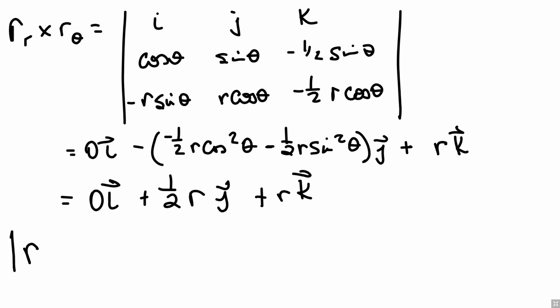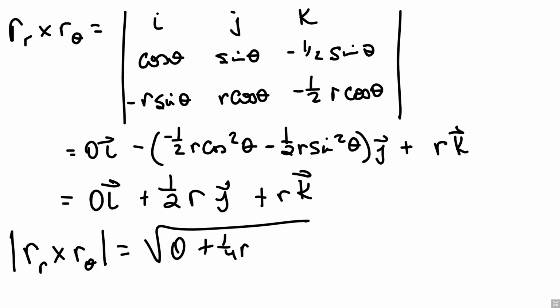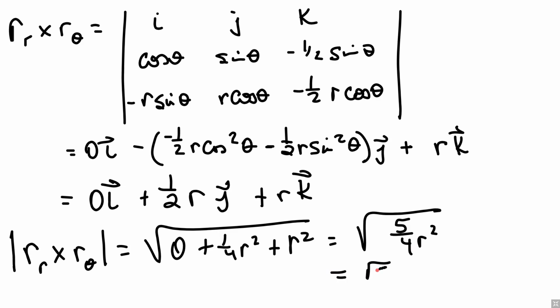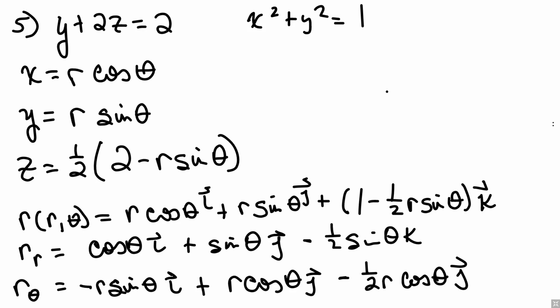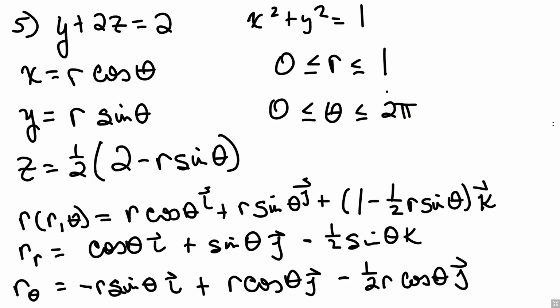So if we look at the magnitude of this, we're going to have the square root of 0 plus 1/4 r squared plus r squared. So the square root of 5/4 r squared, or square root of 5 over 2 r. Now r is going to be bounded between 0 and 1, and theta is bounded between 0 and 2 pi.